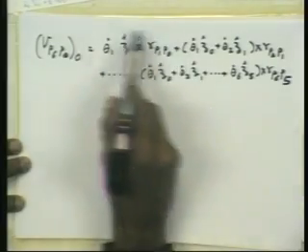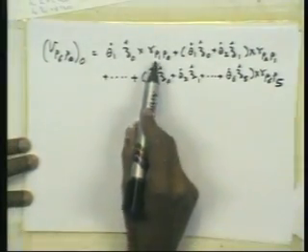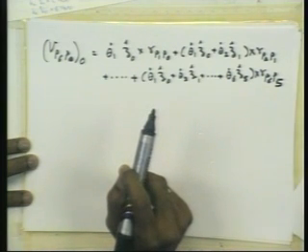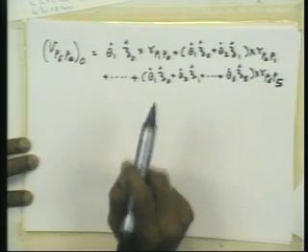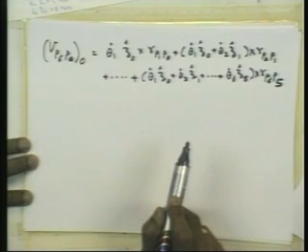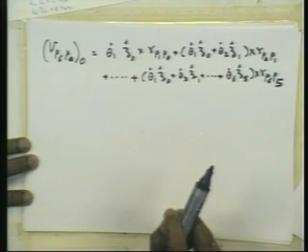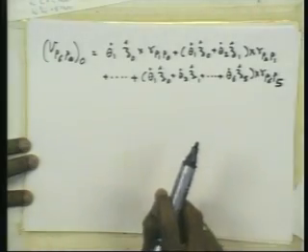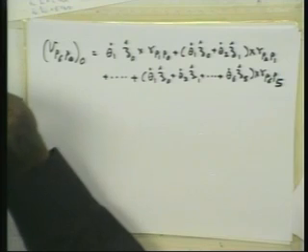Take this term alone. This is the linear velocity of the point P1. Take this and that thing. That is the linear velocity of the point P2. So if you take all the terms up to here, what you get is the linear velocity of the point P5.